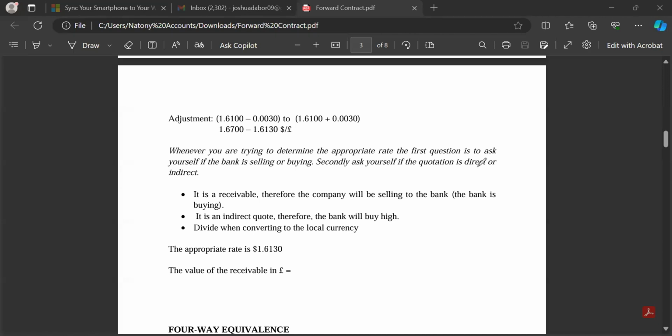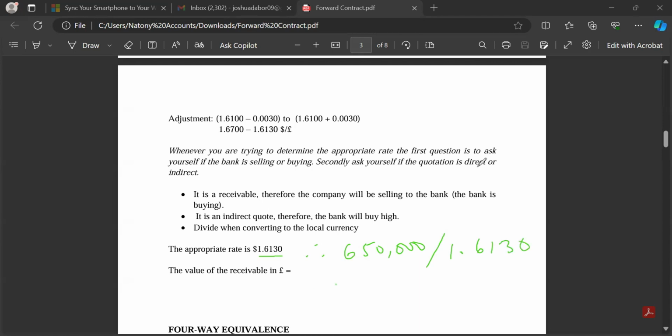The appropriate rate is 1.6130. Therefore, the receivable will be 650,000 divided by 1.6130.